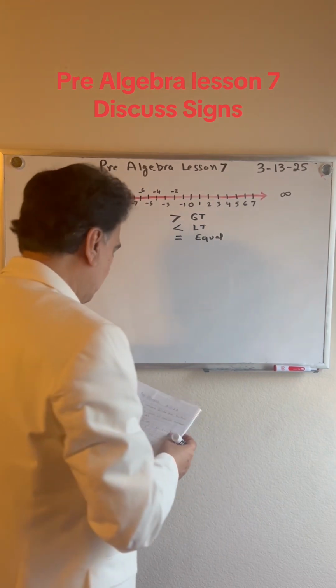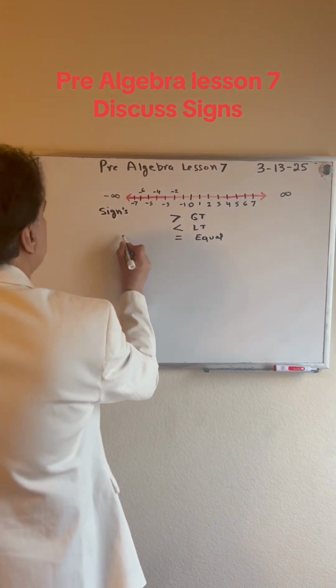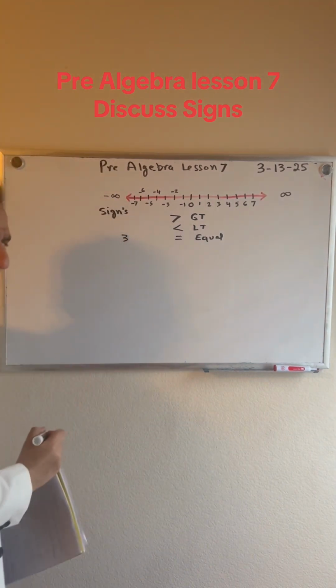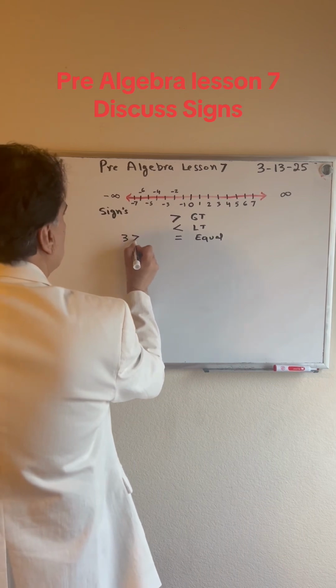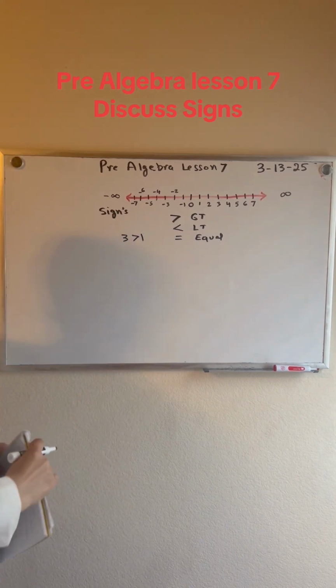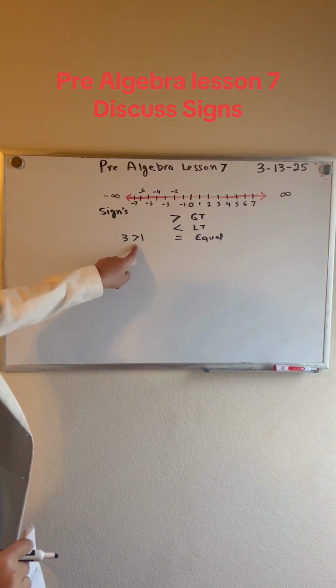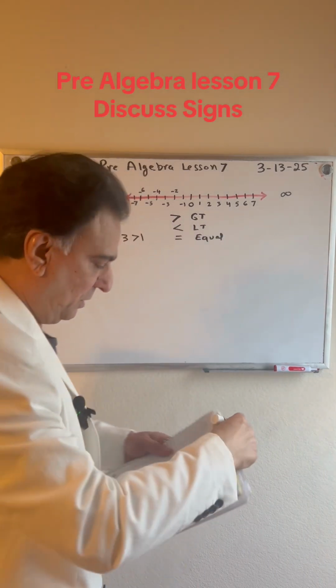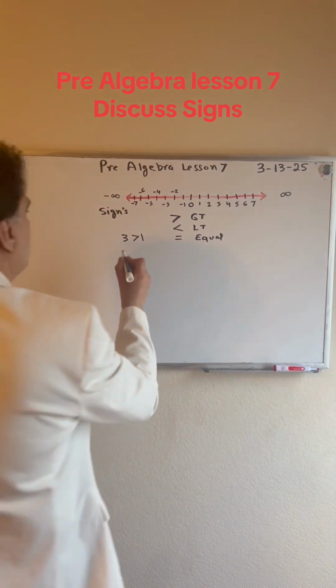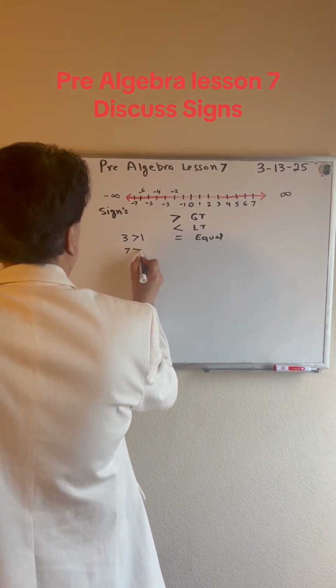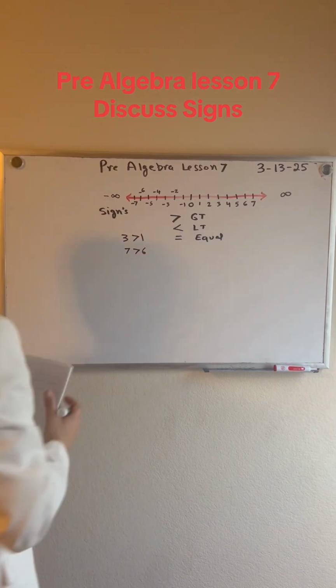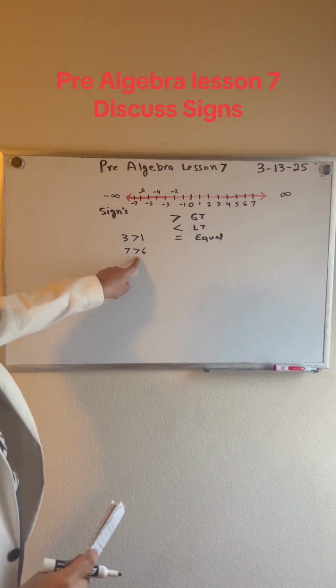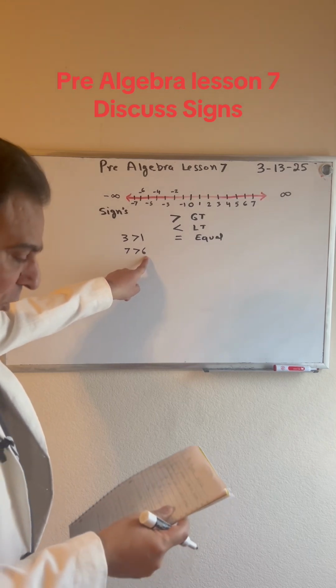Now, for example, I say the number 3 is greater than 1. As I told you, the arrow is always going to point towards the smaller number. 7 is greater than 6. The arrow will always point towards the smaller number.